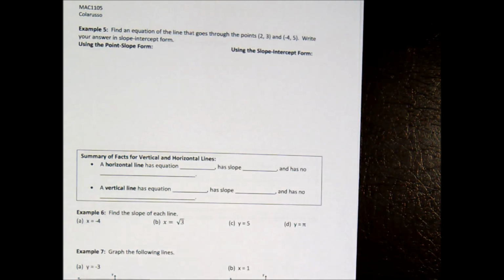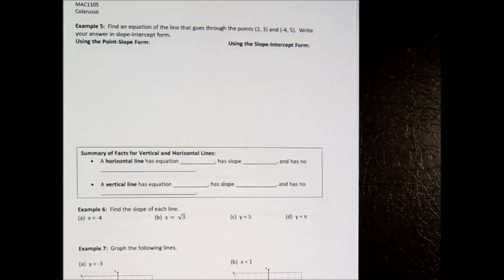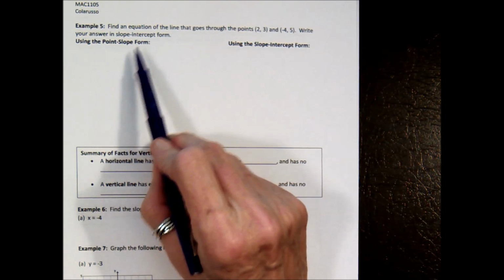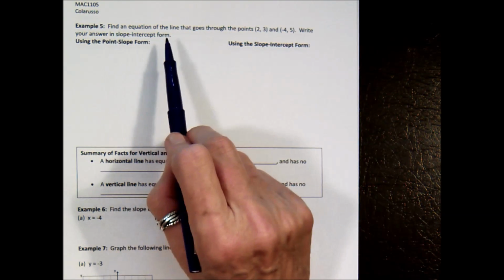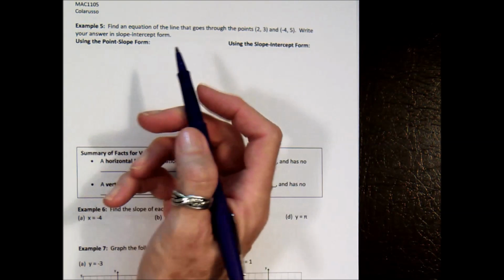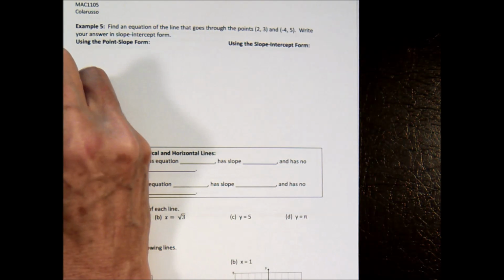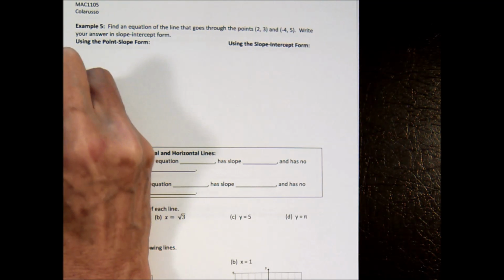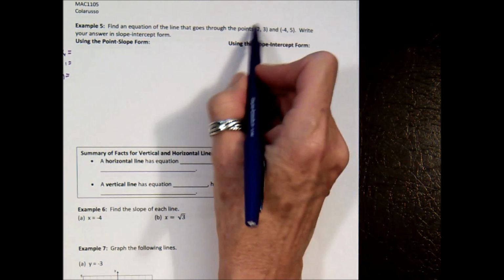Looking at the next one, we'll do it also both ways. Example 5, find an equation of the line that goes through the points (2, 3) and (-4, 5). Write your answer both ways, but we're going to write it in slope-intercept form in the end. So first, using the point-slope form, I'm going to write x1, y1, and m. I can choose either one of the x1, y1s.